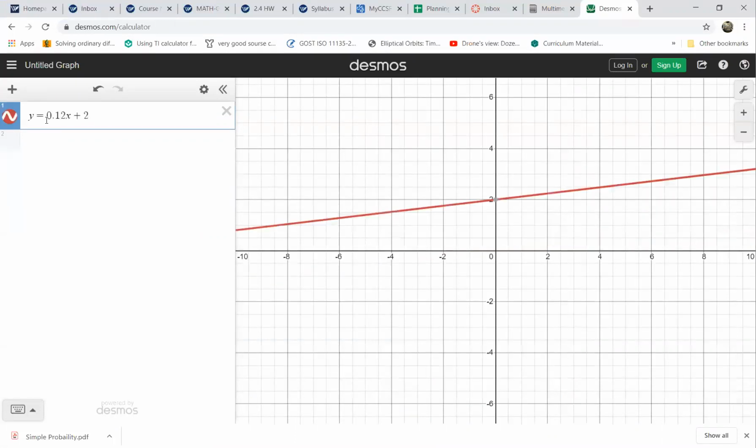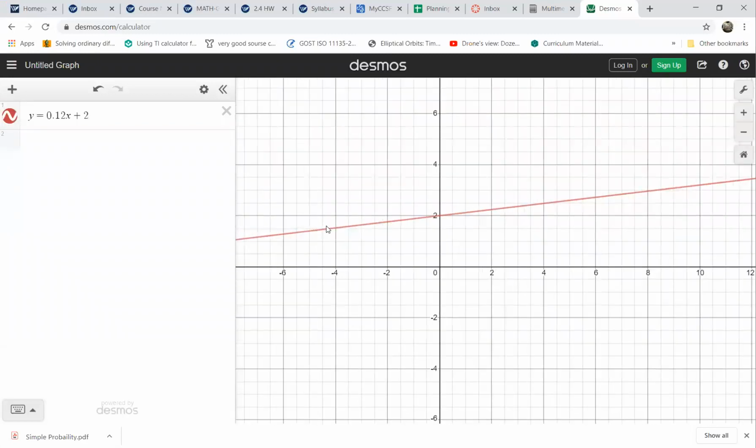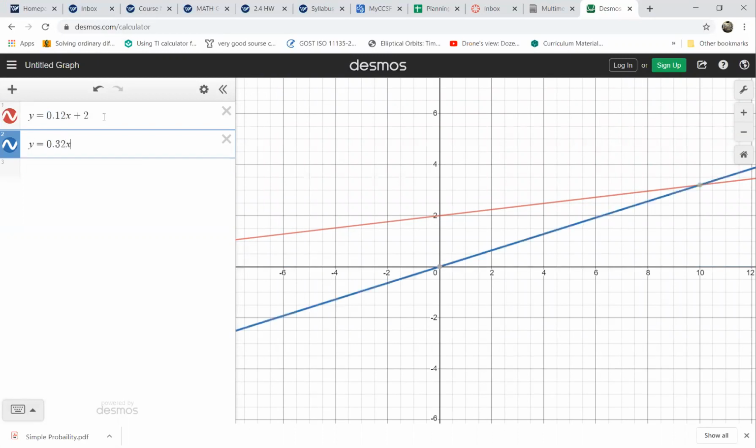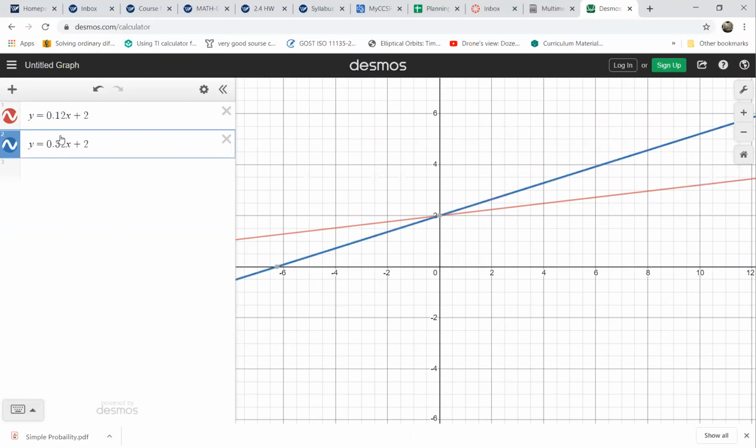So this is my first line. As you can see, my slope is 0.12. Now I'm going to increase the slope: y equals 0.32x plus 2. It was 0.12, now it is greater, which is 0.32.